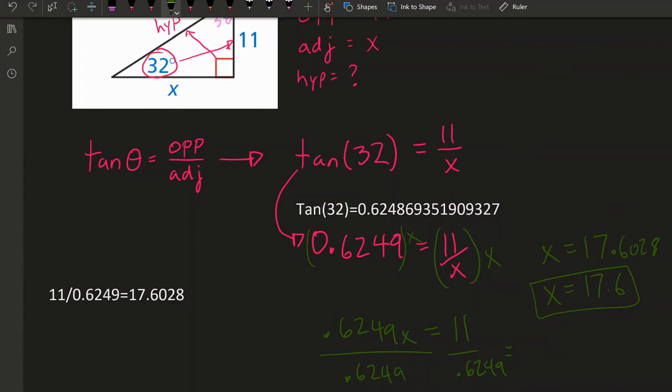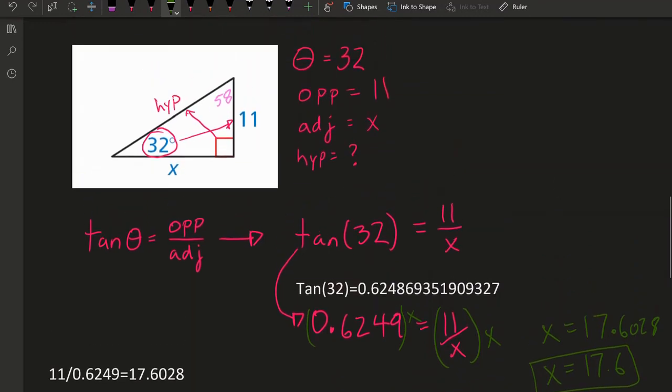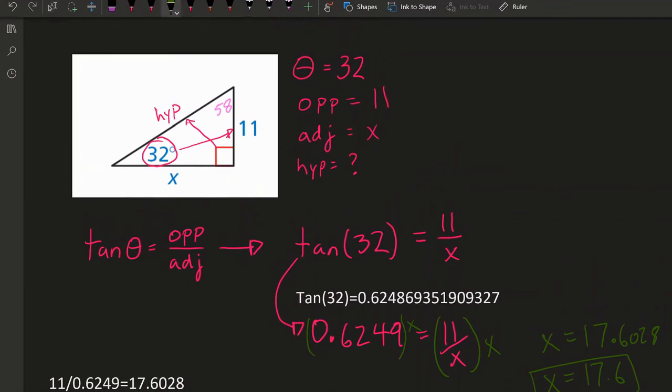It's always easier if I can have the variable in the numerator. So I'm going to go up here, and I'm going to switch this around a little bit. Here's the thing that we can do. Let me erase some stuff here. Okay, so if this is a 32-degree angle, I know that the other angle is 58.